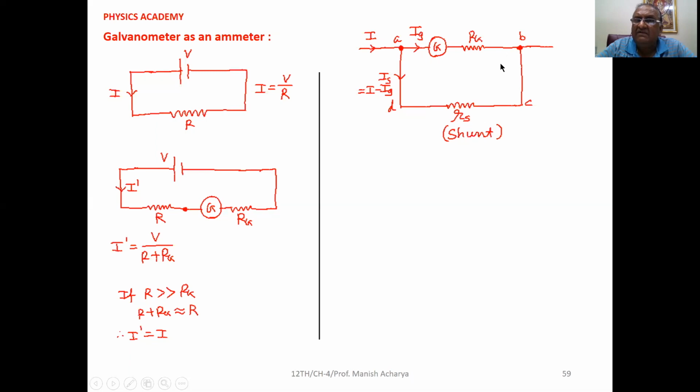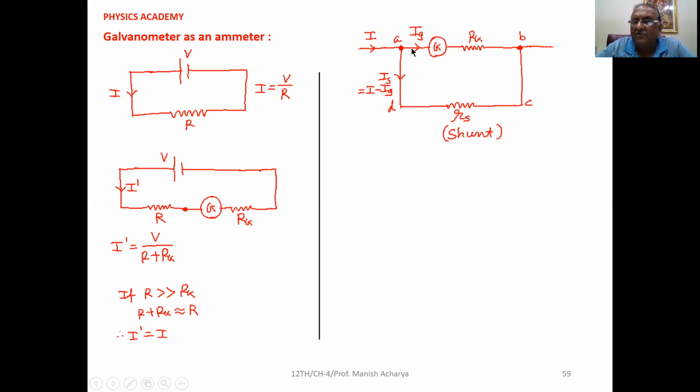And through the galvanometer, only the current equal to its current capacity will flow. Suppose the current flowing through the galvanometer is Ig, its current capacity, and the remaining current flowing through the shunt is Is.